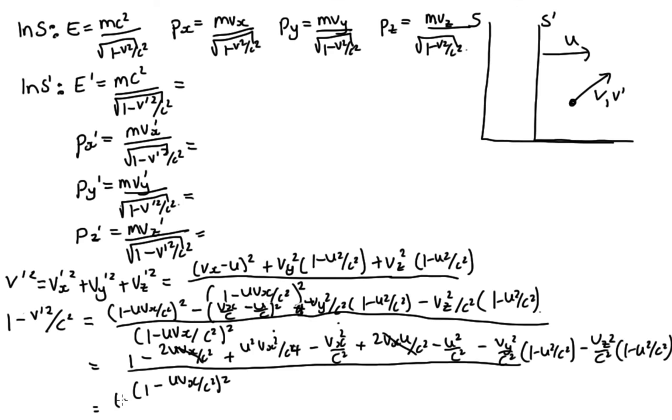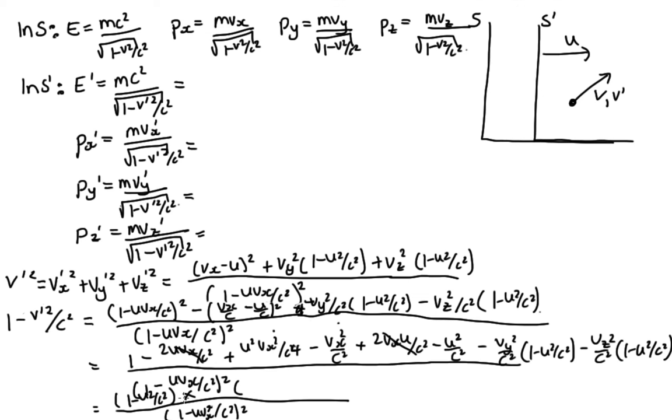So there's a little bit of room here. Let's just try and squeeze it in here. We've got 1 minus u squared on c squared as a common factor. We've still got the common denominator, 1 minus u vx on c squared, squared. And then we've got this common factor. Sorry about the slight mess here. We'll go up here later.